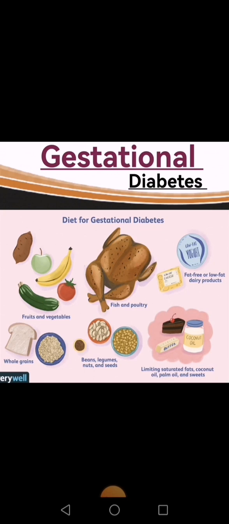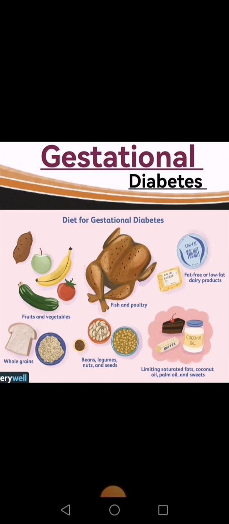Next, limit saturated fats, coconut oil, palm oil, and sweets. A pregnant woman facing gestational diabetes should limit saturated fats. Next, beans, legumes, nuts, and seeds should be taken regularly as carbohydrate food. The last one is whole grains. Whole grains are also very essential.